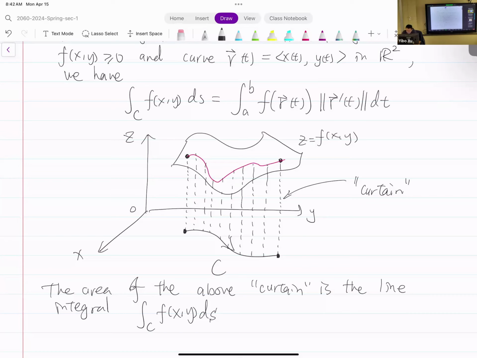And of course, we specified that this bivariate function should be non-negative. So essentially, these lengths of the vertical strips are non-negative, so you can accumulate and it makes sense.